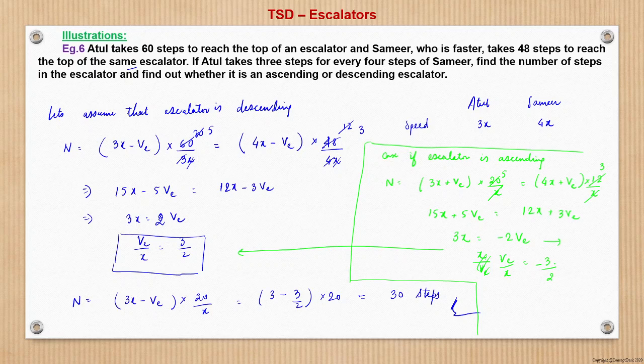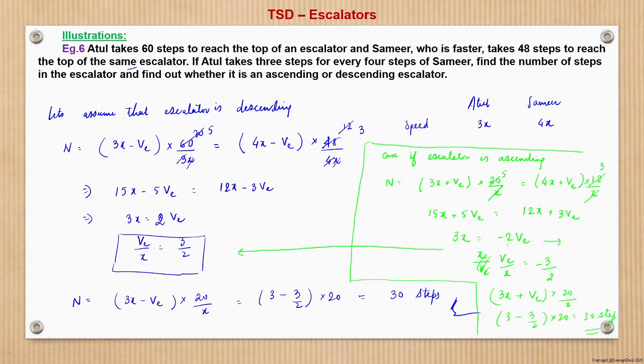So now when we substitute this in this equation, we'll get the answer. Here also if we substitute this in any of the equations, it becomes (3x plus v) into 12 into 20 by x. So it becomes 3 minus 3 by 2 into 20, which is 30 steps. So this will also give an answer to this question.